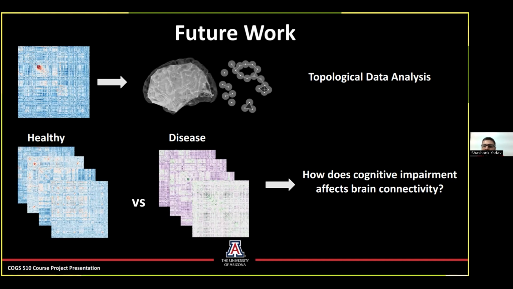Or the other way around, if you perturb some brain connectivity, how does that lead to cognitive impairment? Those are some of the downstream questions which could be a very interesting thing to explore with this kind of analysis.